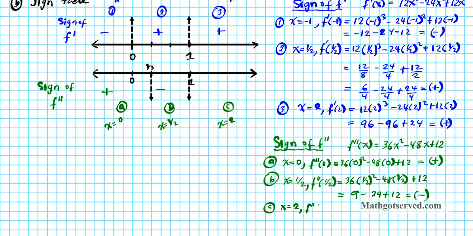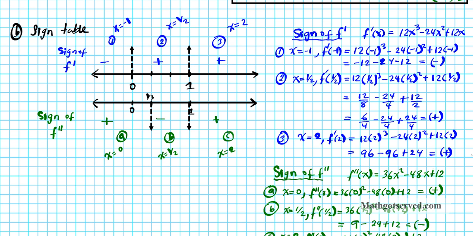So we're looking for f double prime of 2, which is 36 times 2 squared minus 48 times 2 plus 12. All right, if we work this out, 2 squared is 4. 4 times 36 is 144 minus 96 plus 12. We can see that this clearly is a positive result. All right, so over here, f double prime is positive.